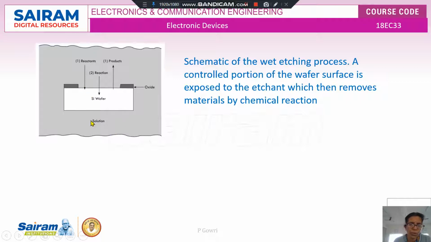Since all the other surfaces are coated and protected, the part which is exposed is this part. So this part alone will be etched, and the unwanted content will be removed. That is, there will be a reactant which will react on this part, and because of that, this part will be removed and come out as the product.